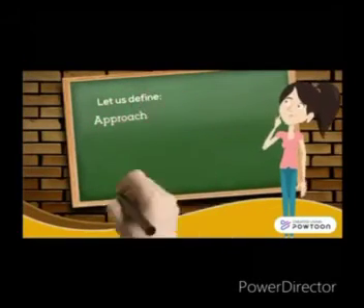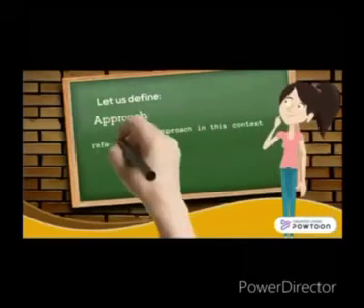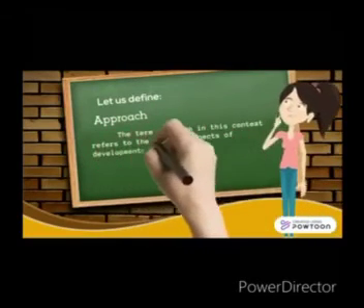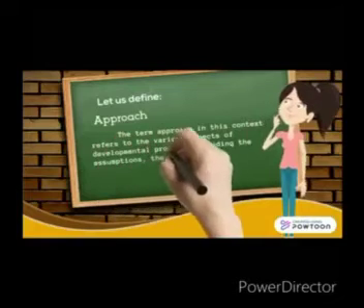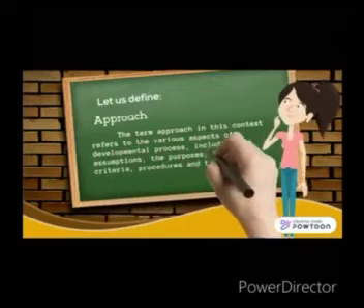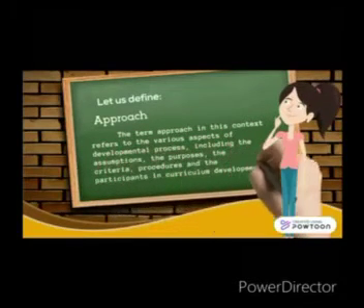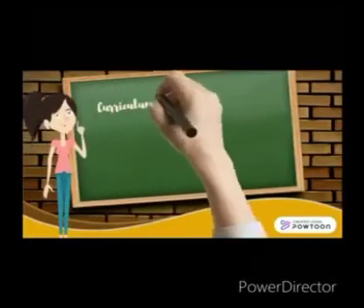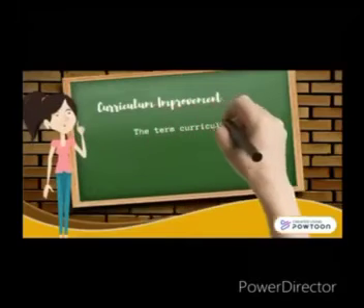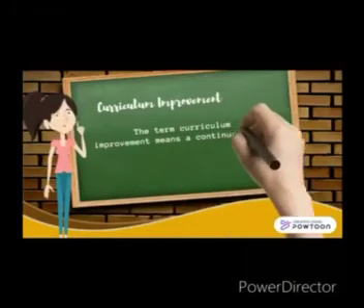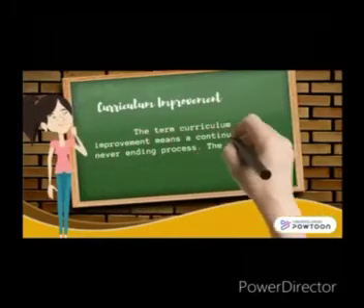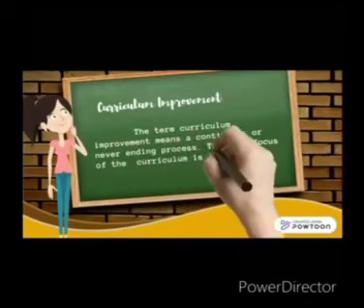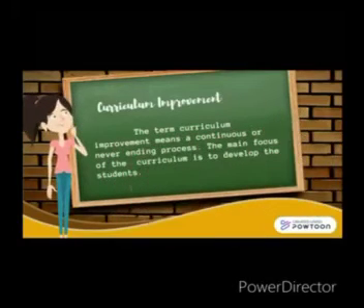The term approach in this context refers to the various aspects of developmental process, including the assumptions, the purpose, the criteria, procedures, and the participants in curriculum. The next one is curriculum improvement. Curriculum improvement means a continuous or never-ending process. The main focus of the curriculum is to develop the students.